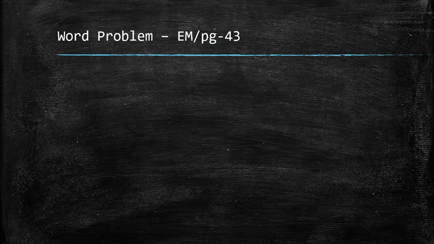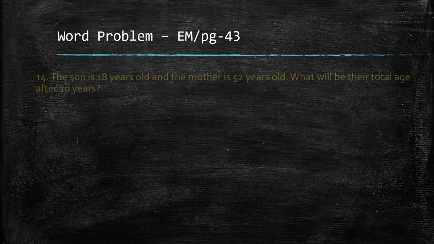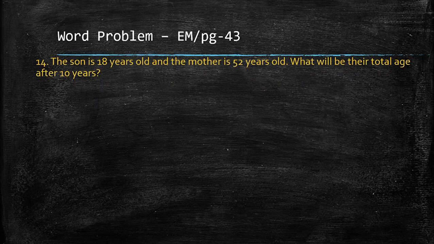Our next problem is also from our elementary book, page number 43, and this is problem number 14. As I told before, when we solve any mathematical problem, especially a word problem, we have to read the question very well. So let's read the question well. Here, the son is 18 years old and the mother is 52 years old.